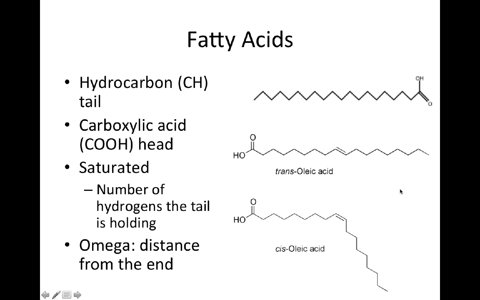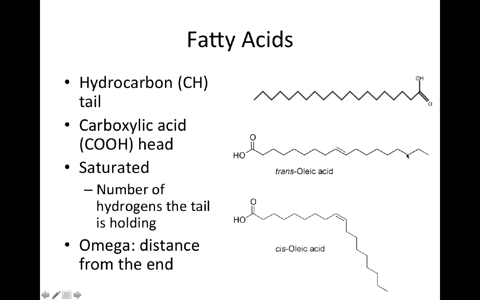Another thing that you'll commonly hear as it pertains to fatty acids are omega numbers. The omega represents the distance from the end. So for omega-3, this was the first carbon, this would be the second, this would be the third. This was an omega-3 fatty acid.